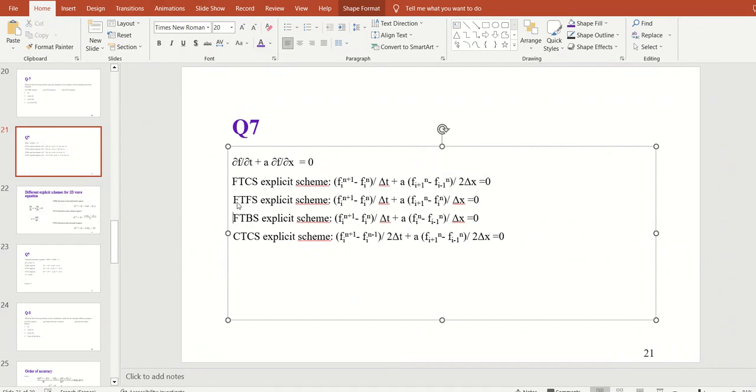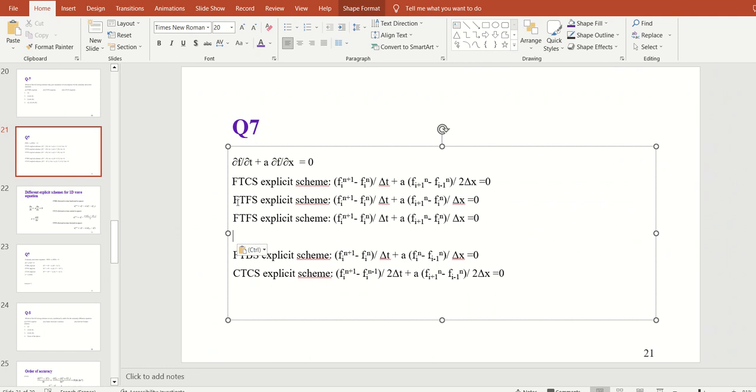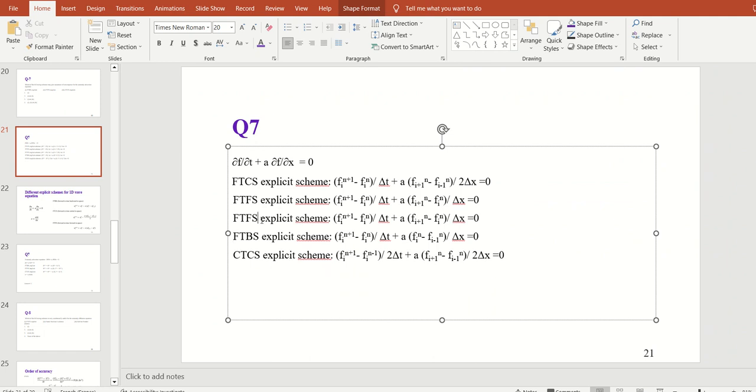So again we should be copying it, and we will see what difference we will make. The difference between explicit and implicit schemes comes in the form of this, where if we use the nth time step it is explicit, and if we use the n plus 1th time step it is implicit. So FTFS is an implicit scheme.